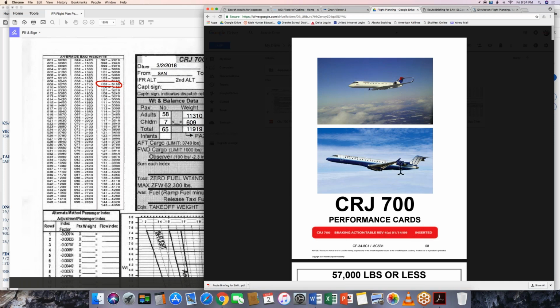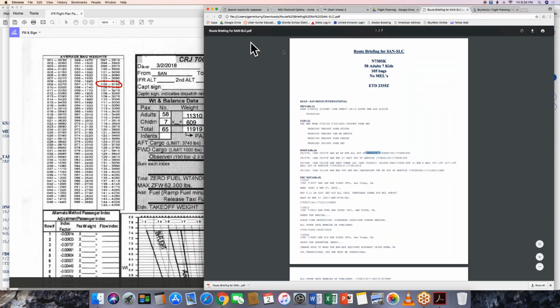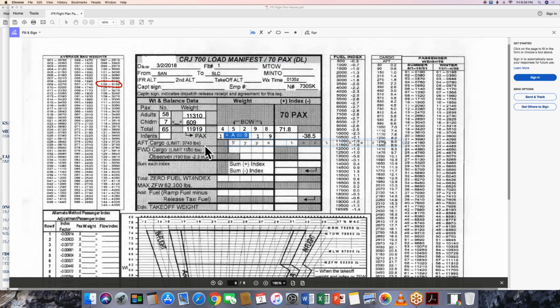This is just me. I tend to get better numbers when I load it from the back first and then the front second. So what way does everybody want to do it? It doesn't matter. Let's go with Matt's way. We'll throw 1,000 in the front, and then we'll throw the rest in the back.